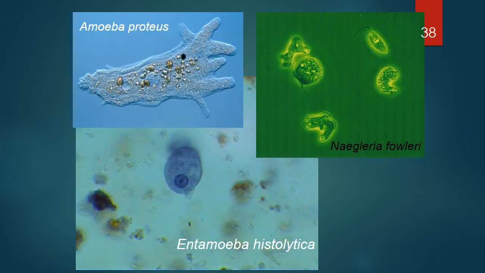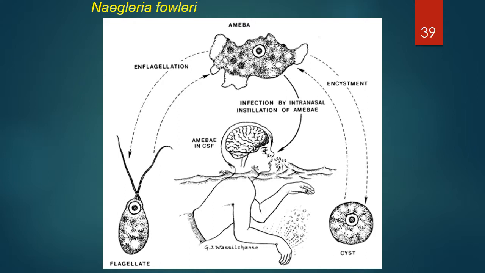So here are just some representatives of different amoeba types, and we're going to take a look particularly over here at the Naegleria. This is the life cycle of a Naegleria.